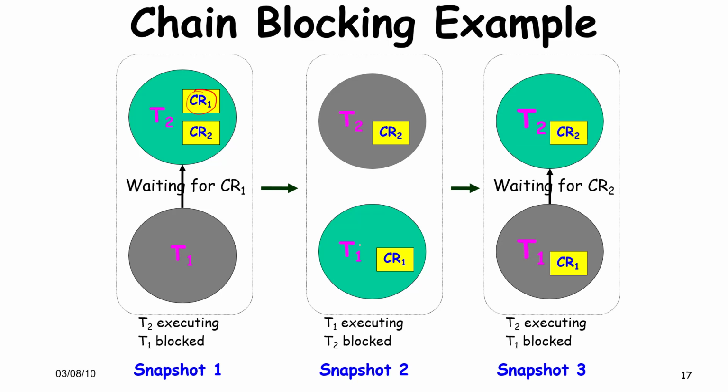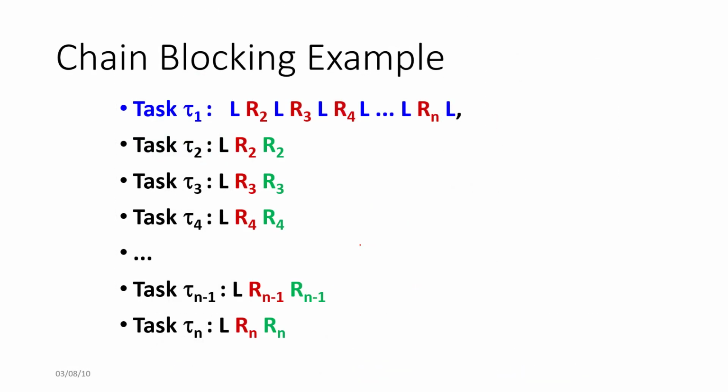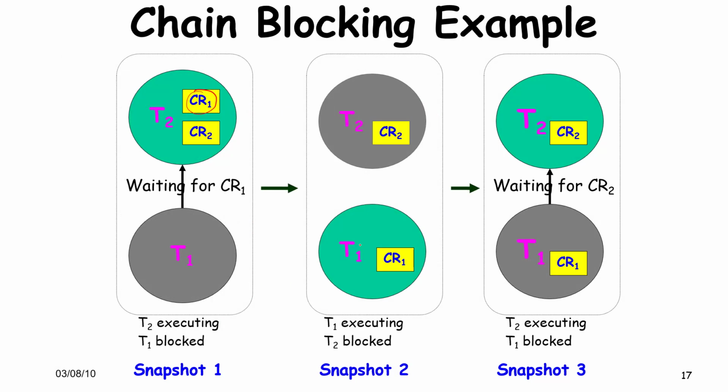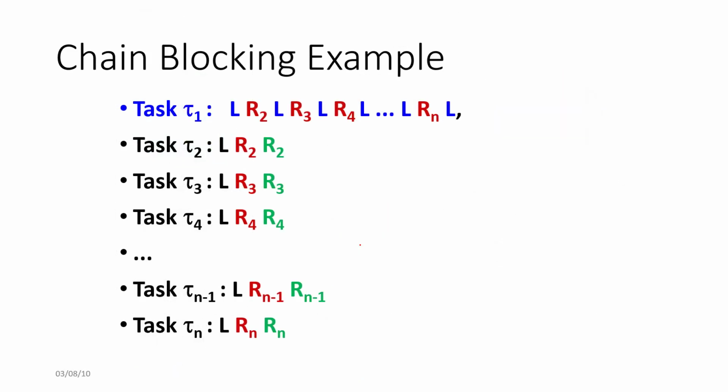Again the same thing will happen. Again it will wait for T2. T2 will finish using resource 2, and then it will give it to T1, as you can see over here. Which basically means that task T1 had to wait twice. It had to wait once for resource 1, and a second time for resource 2. So that is an example of chain blocking.